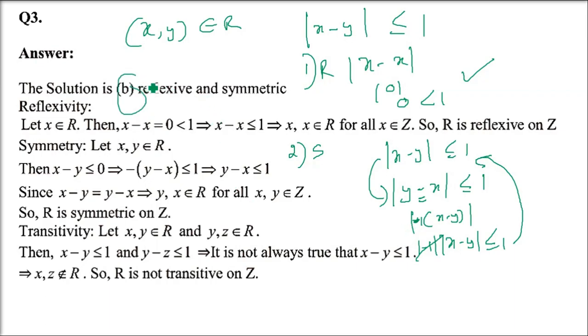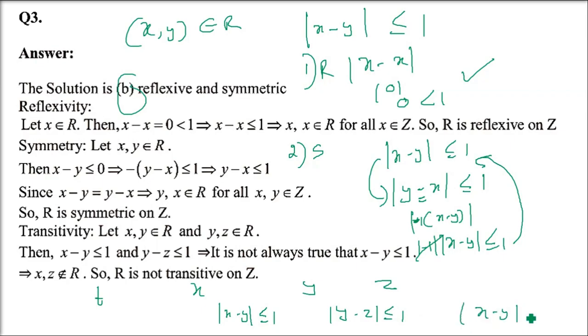So we can see that it is reflexive also, symmetric also, but we'll not come to the conclusion because we have to check for transitivity also. So transitivity, with x, y, z we are taking 3. Mod of x minus y is less than or equal to 1, mod of y minus z is less than or equal to 1.